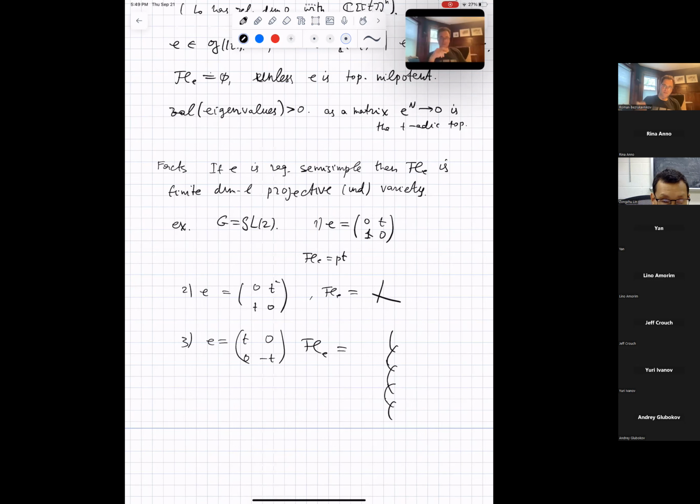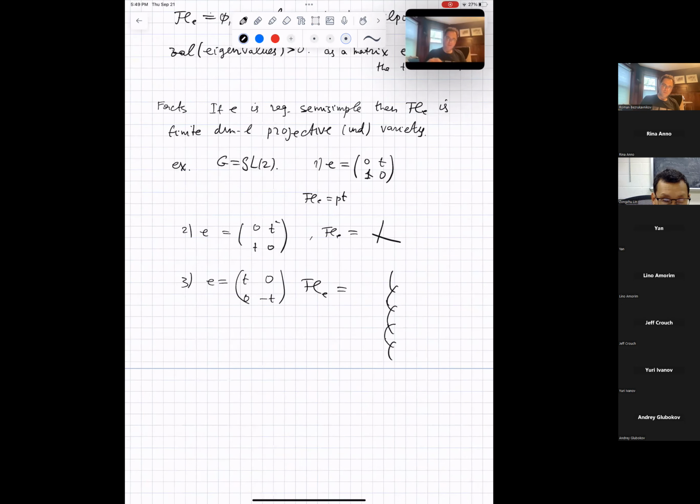It always possibly has an infinite union of components, but each component is a finite dimensional projective variety. Moreover, it always has an action of a lattice, in this case Z.